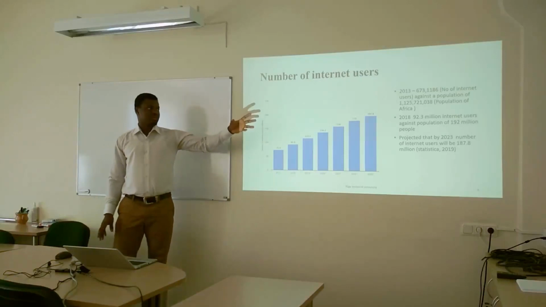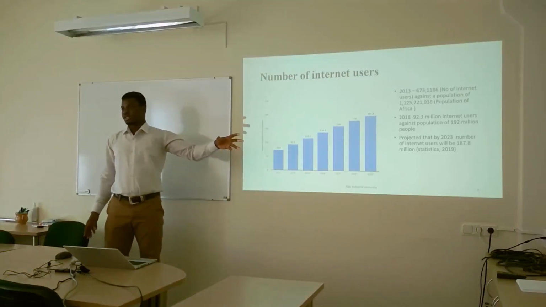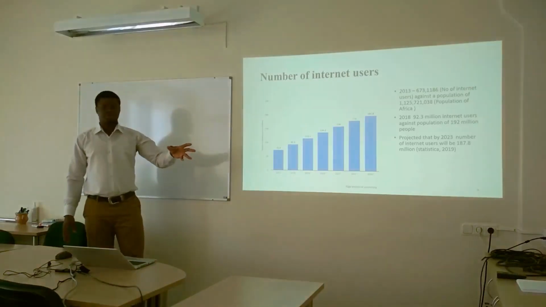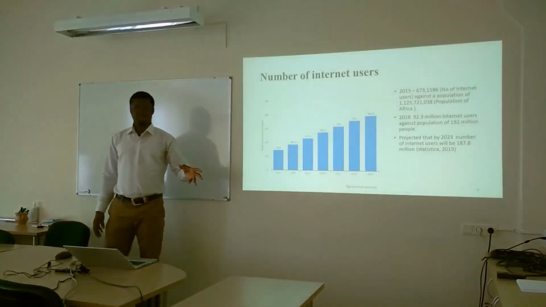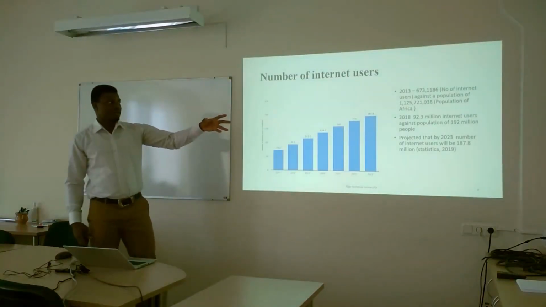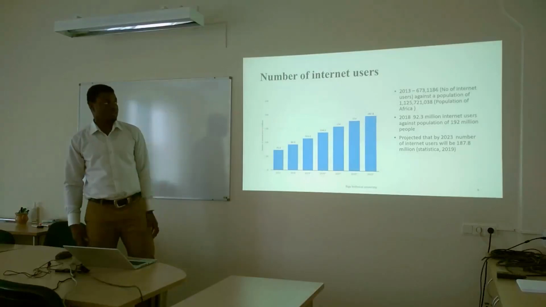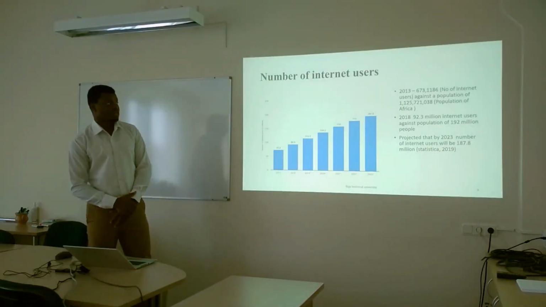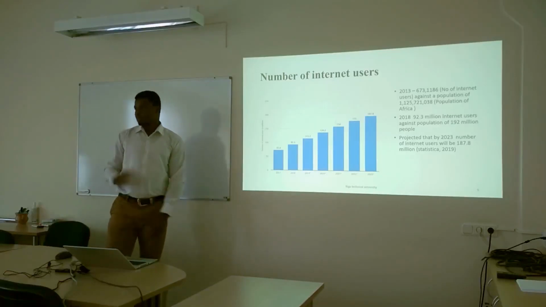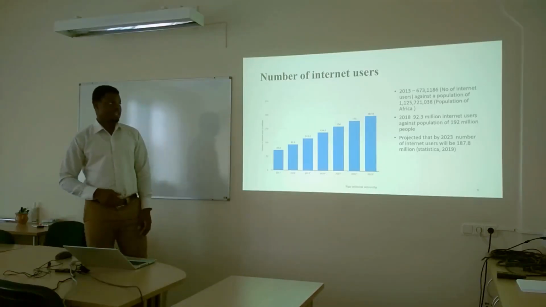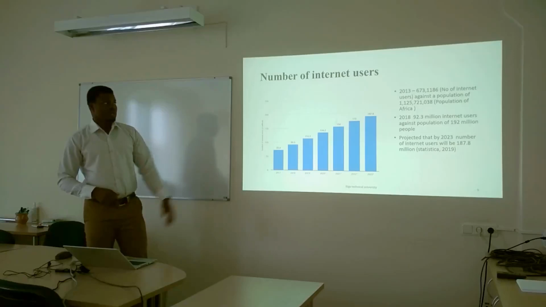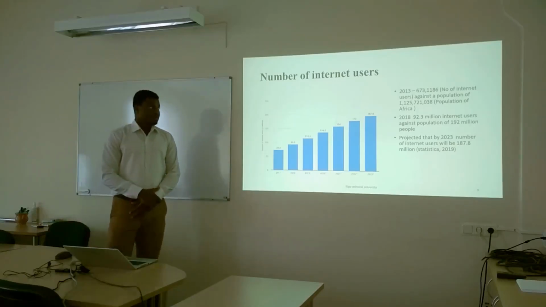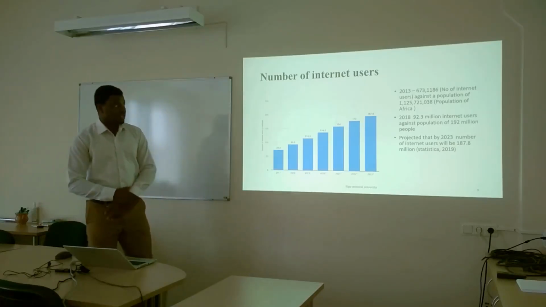From 2013 to 2018, these were the projected estimates of internet users in the country. In 2013, there were about 6,731,186 million people using the internet against a population of 1.1 million people. Sorry, 632 and 73.